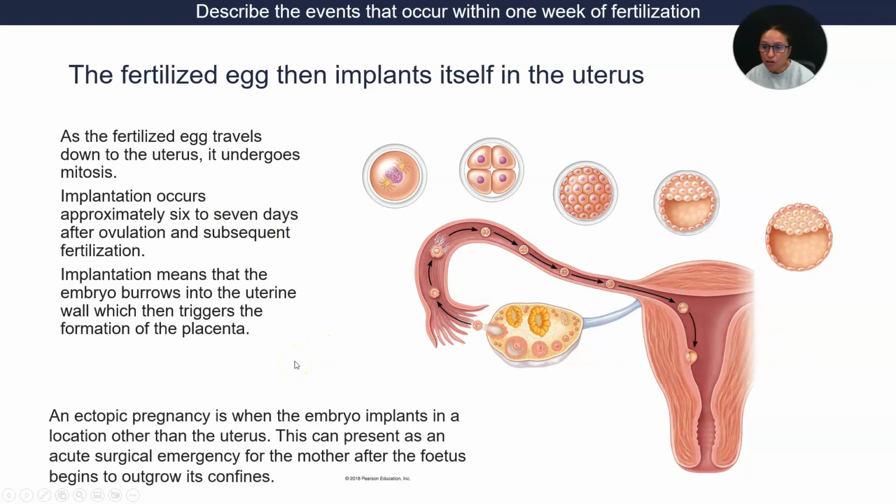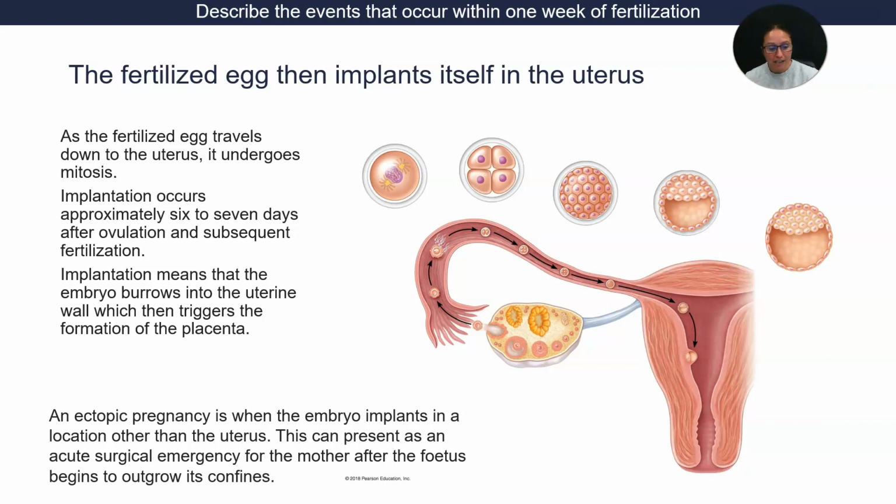Now, you've probably heard the term ectopic pregnancy. So if a pregnancy is ectopic, it means that the little embryo has implanted in the wrong spot, okay? Now, this is a problem because if it starts to grow in the wrong spot, it can push on a lot of the anatomy of the mum, and it'll outgrow its confines.